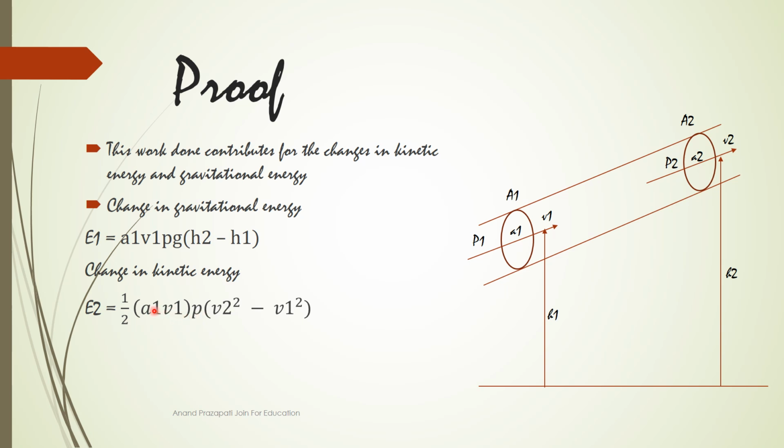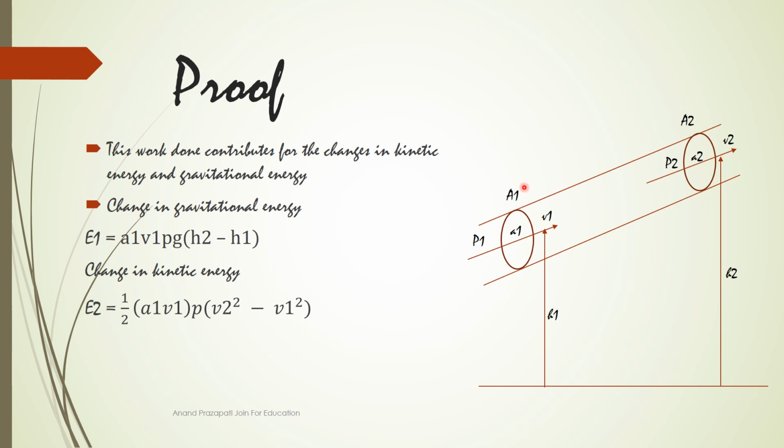Volume multiplied by the density gives the mass, and this is the velocity of the liquid at the point A2 of the pipeline, and V1 is the velocity of the liquid at the point A1 of the pipeline. So E2, the change in kinetic energy, will be 1 by 2 A1 V1, where A1 V1 equals A2 into V2.